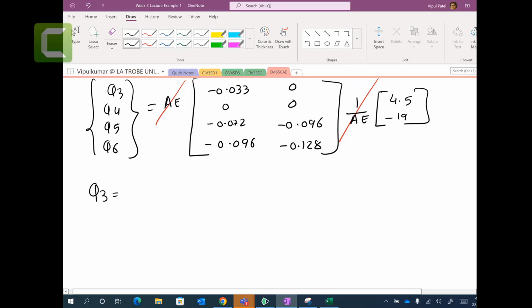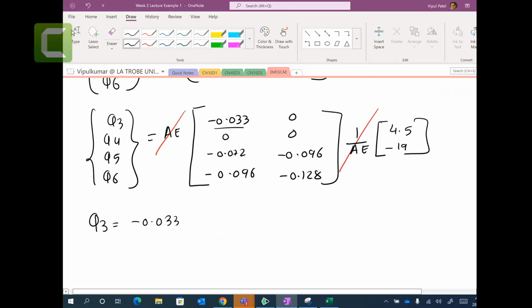So Q3 equals minus 0.033 times 4.5 plus 0 times minus 19, and you get minus 1.5.